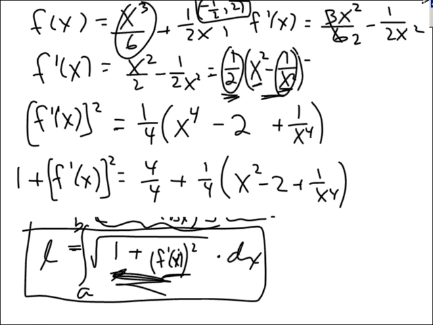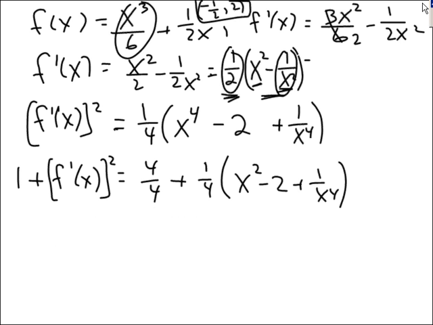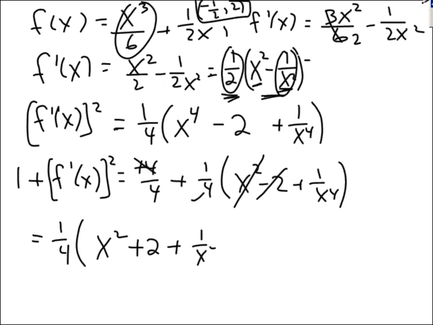Okay. Now I can factor out the quarter. I can factor out the 4 in the bottom. It's 1/4 times x to the 4th, minus 2 plus 4, which is plus 2, plus 1 over x to the 4th.